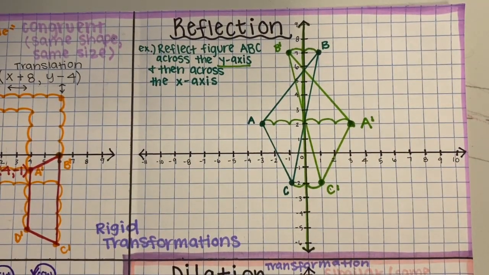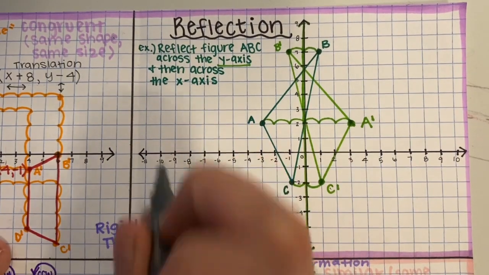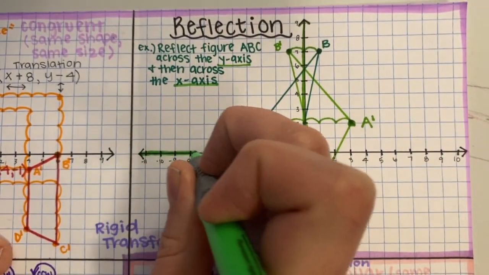So this new image is going to be, choosing my colors, let's use this dark green. This time I'm going across X. So X is our horizontal.